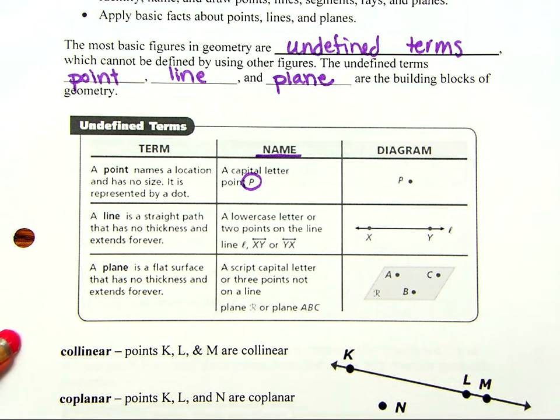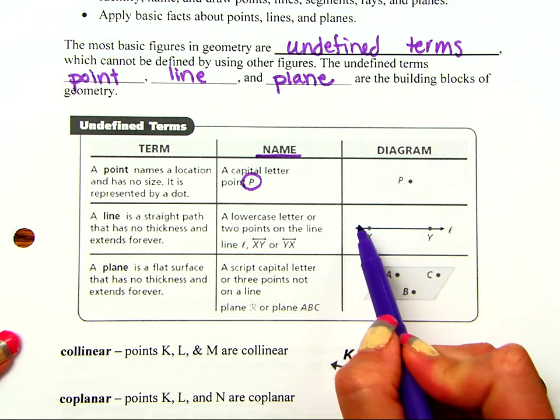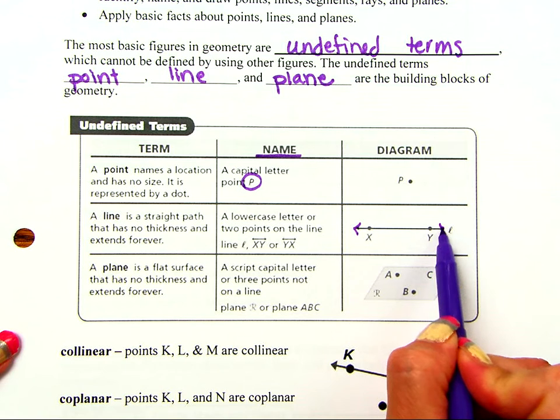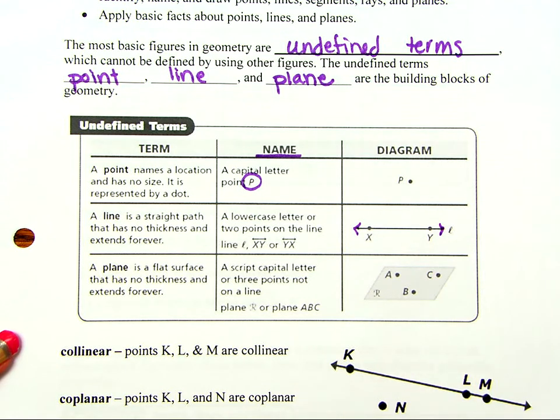A line, well, we know that a line in geometry has to be straight. It cannot have a curve. There are arrows at the end to signify that it extends in both directions forever and ever. If I was going to name this line, I could do it a couple different ways.